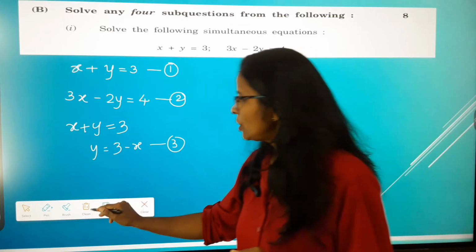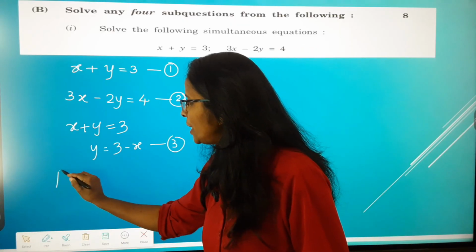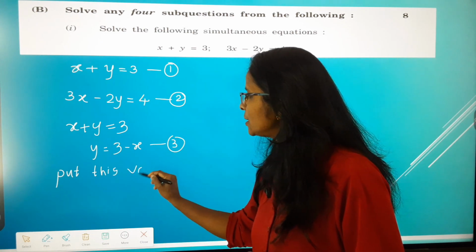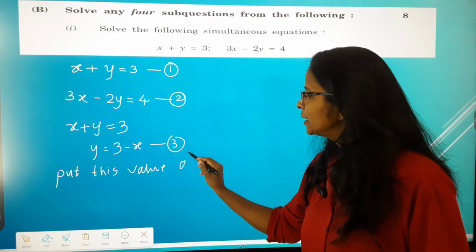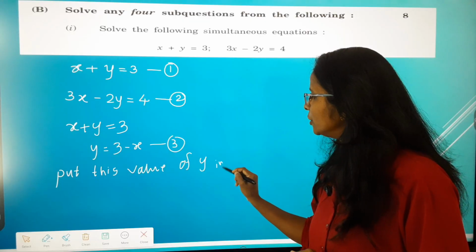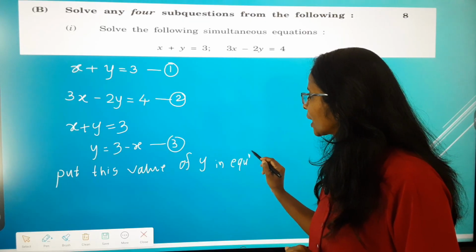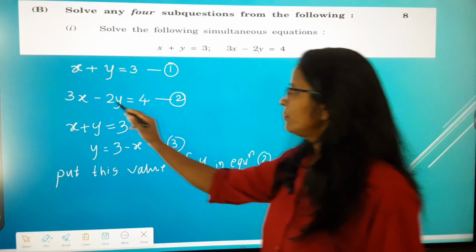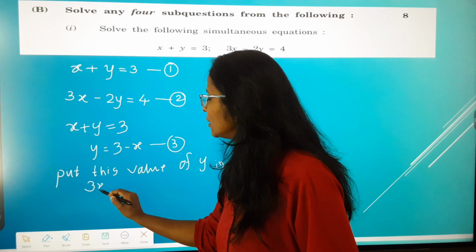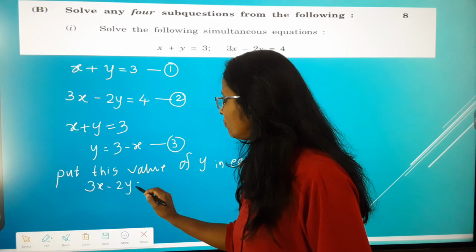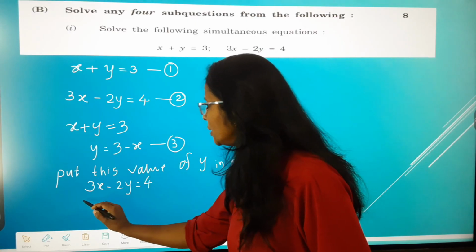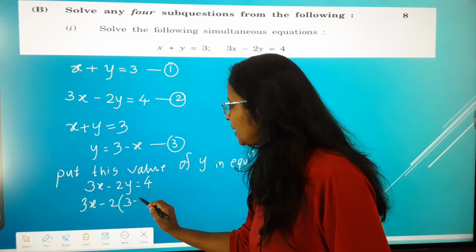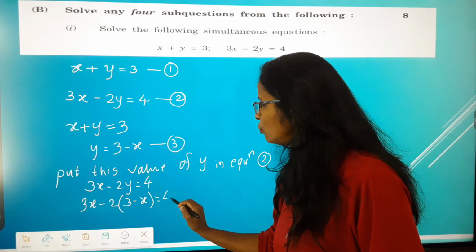Now I put this value of y in equation 2. Equation 2 is 3x minus 2y is equal to 4. So 3x minus 2 multiplied by (3 minus x) is equal to 4.